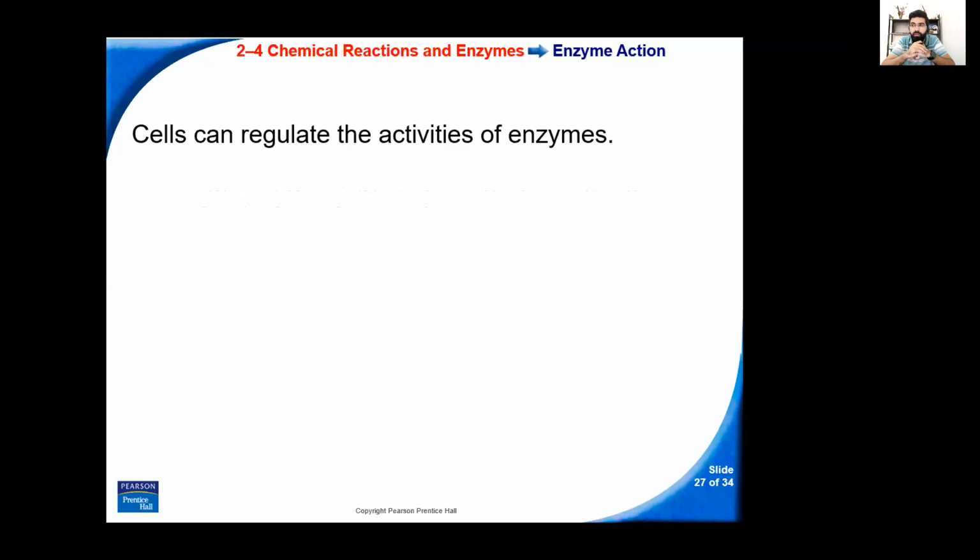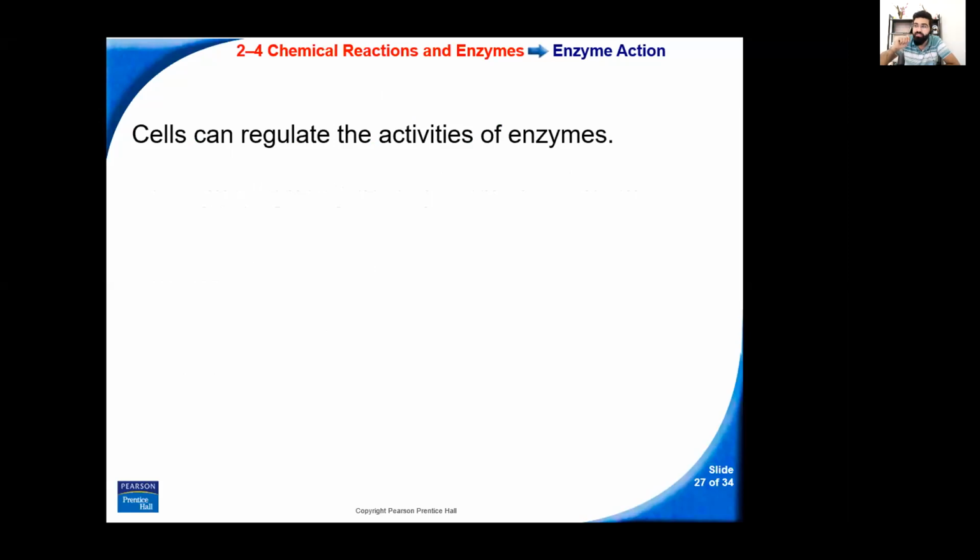The chemical reactions in the cell are not supposed to be on all the time, right? Chemical reactions in the cell can be switched off or switched on, and the cell can use the enzymes as a key to switch on or switch off the chemical reactions.